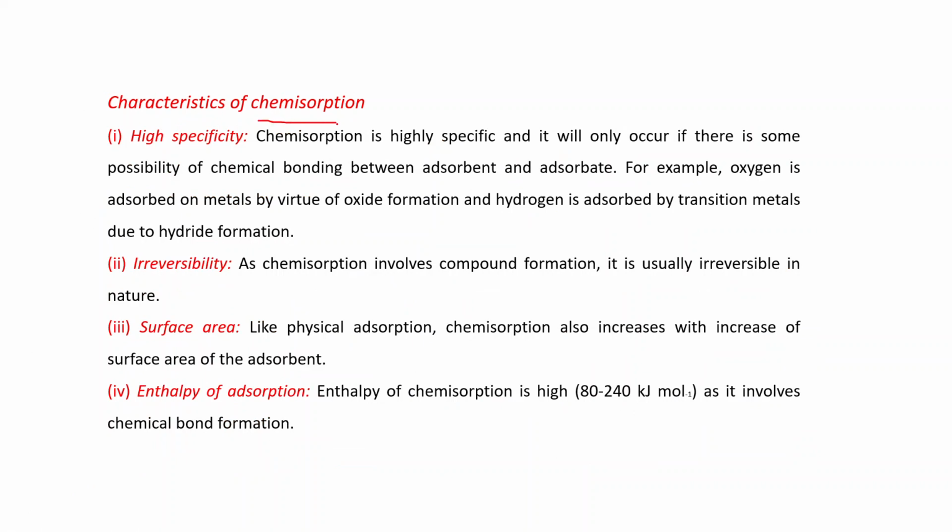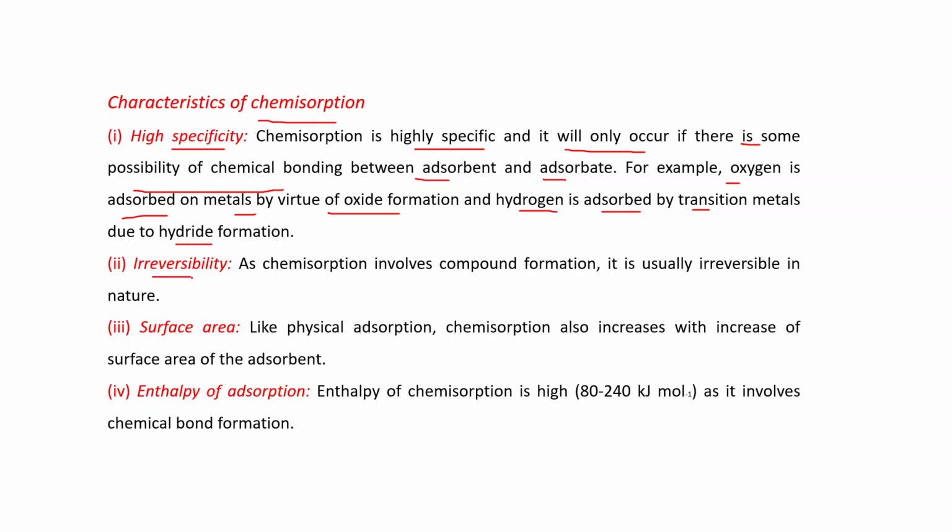Characteristics of chemisorption. High specificity. Chemisorption is highly specific and it will only occur if there is some possibility of chemical bonding between adsorbent and adsorbate. For example, oxygen is adsorbed on metals by virtue of oxide formation, and hydrogen is adsorbed by transition metals by hydride formation.